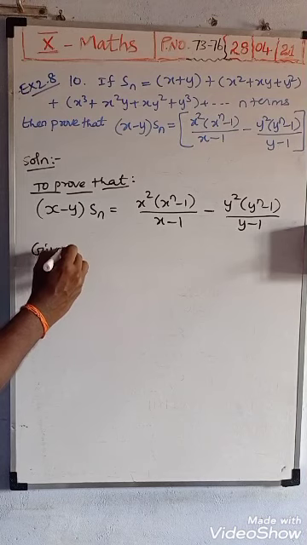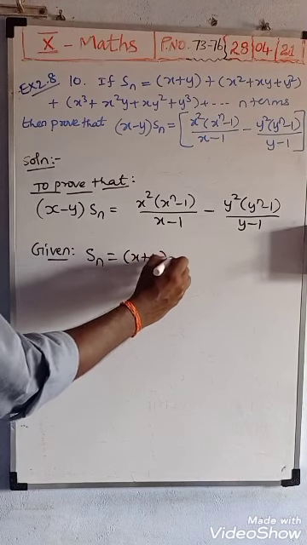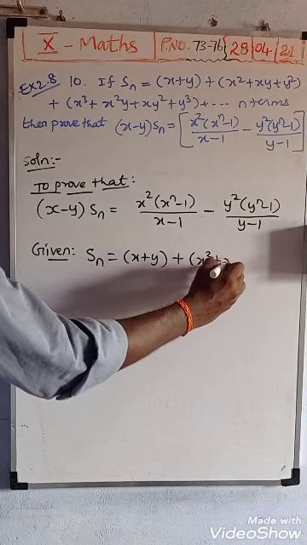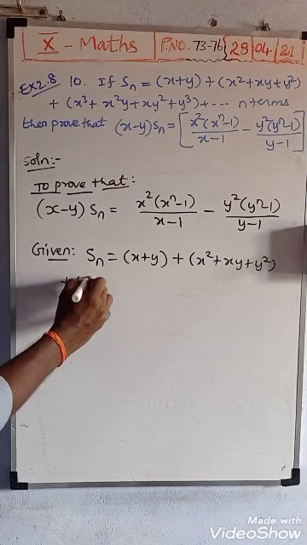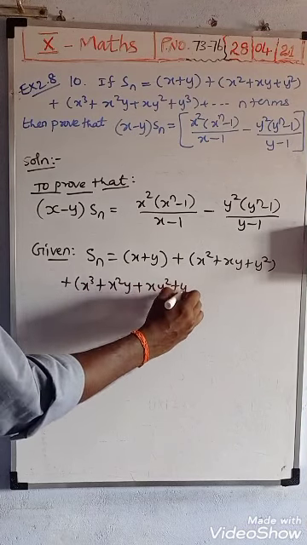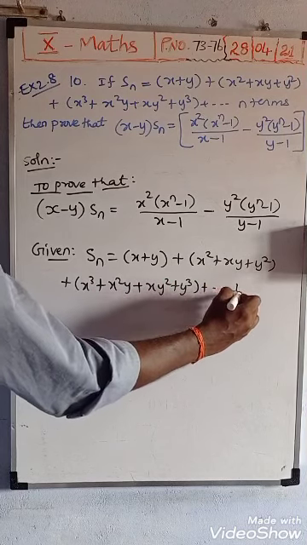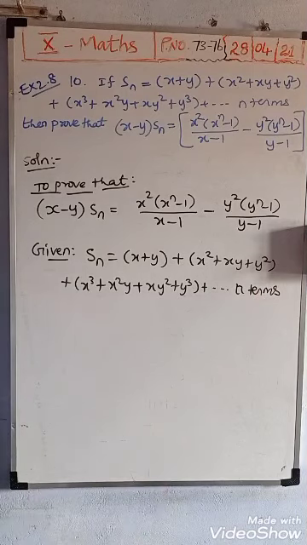Given Sn term: Sn is equal to x plus y plus x squared plus xy plus y squared plus x cube plus x squared y plus xy squared plus y cube plus up to n terms. Okay, this is given.